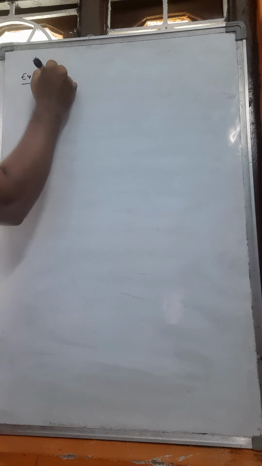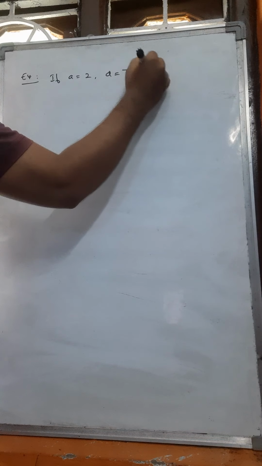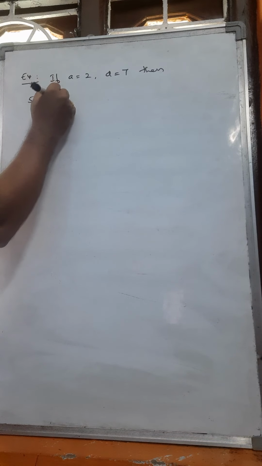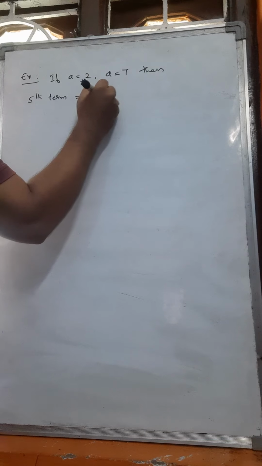Let me see an example. If A is equal to 2 and D is equal to 7, then the fifth term is denoted by T5.